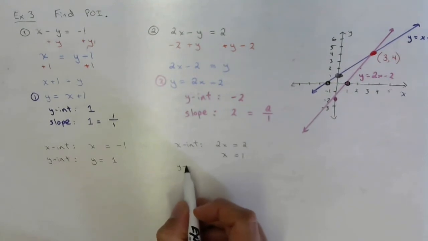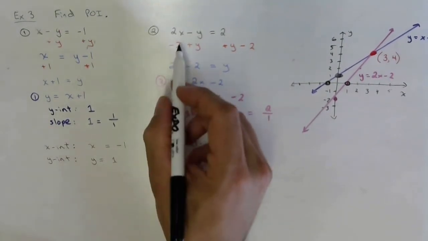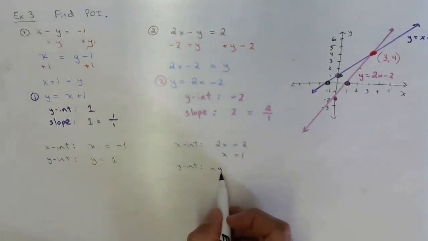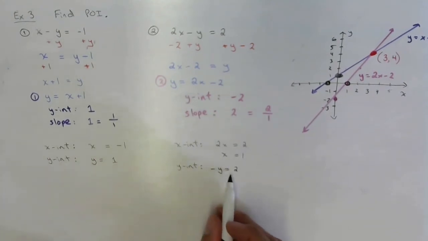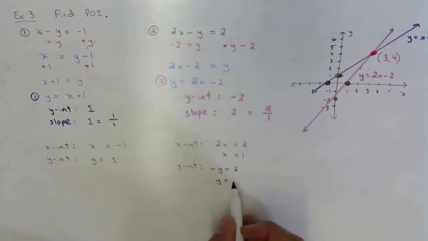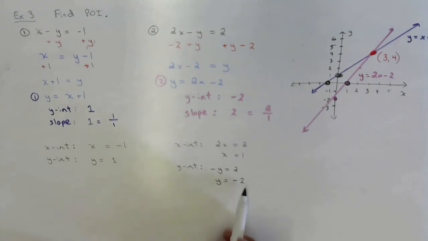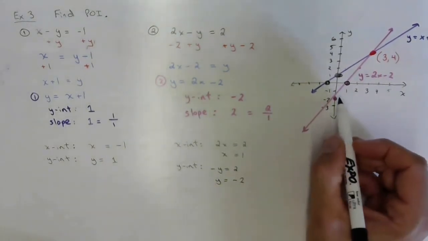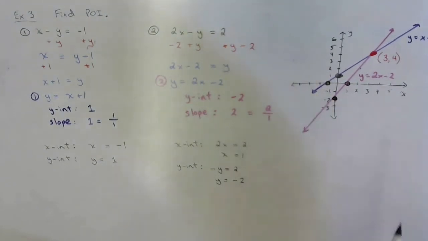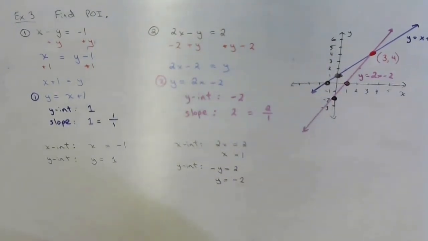To find my y-intercept, I'm going to set x equal to 0. That's going to leave me with negative y equals 2. If negative y equals 2, what does positive y equal? Negative 2. Multiply both sides by negative 1. Y equals negative 2. Oh, there it is. My y-intercept. You can draw your line. So that's another method to use.